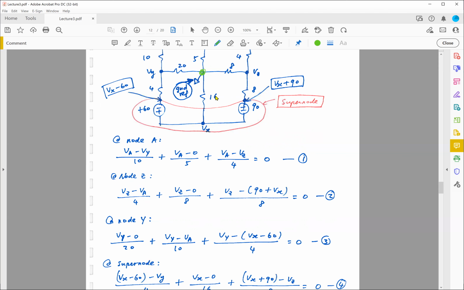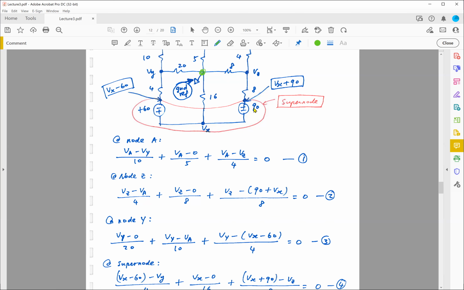It's really these two nodes, plus this node, which is the Vx node, because this and this and this are the same. So this supernode consists of three nodes, not just two.